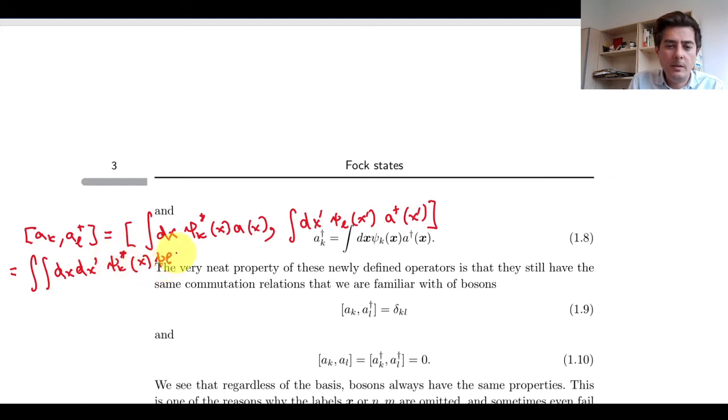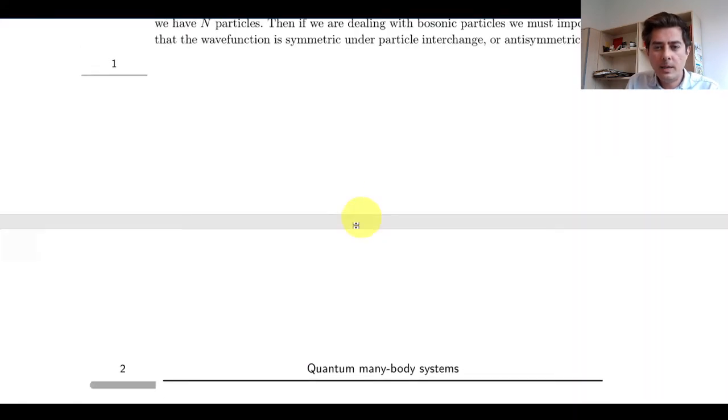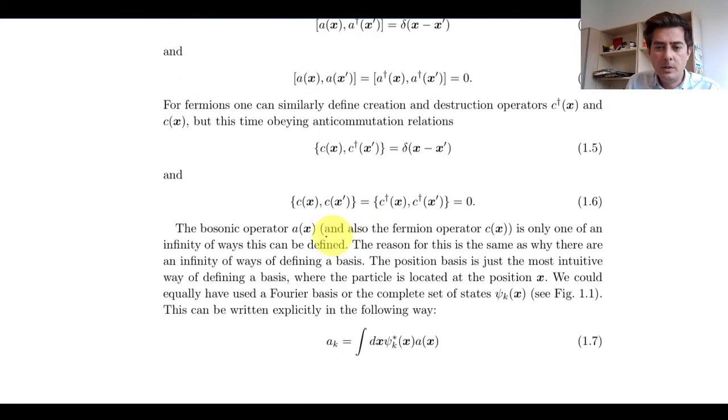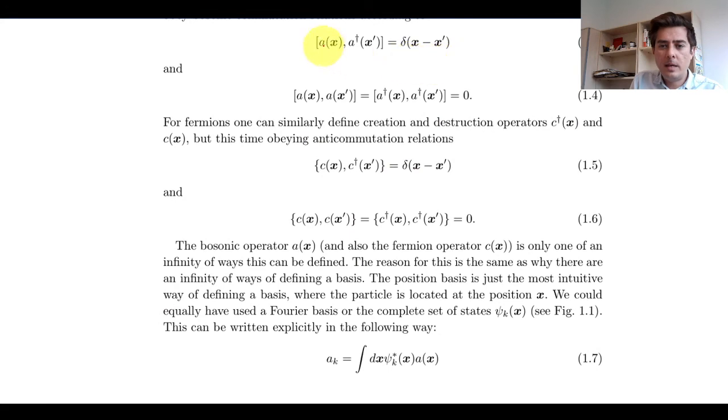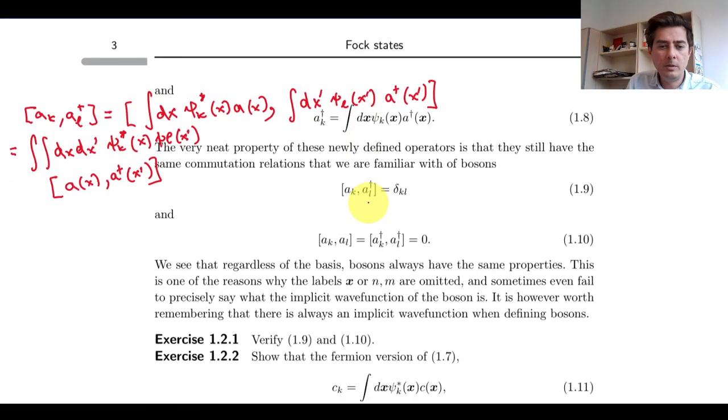So this will be psi L of x dash, and what we're left with here is a of x and a dagger of x dash. Then we can go back and use the result that we had earlier on, which is that a and a dagger with different positions just equate to a delta function.